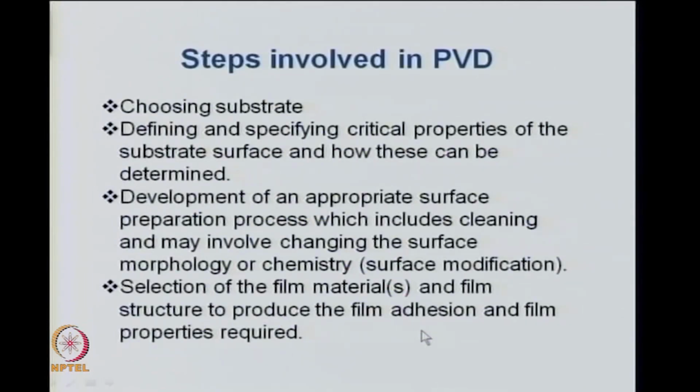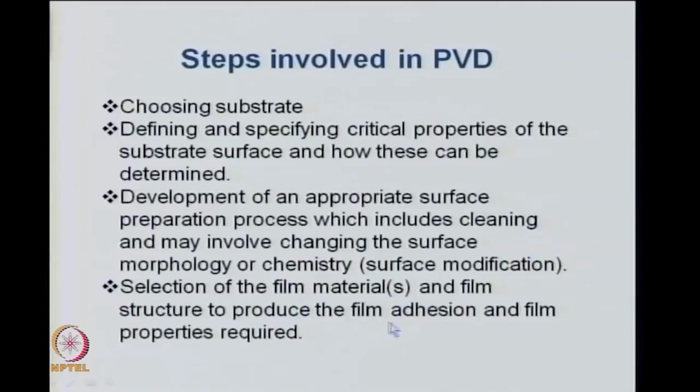You need your film to be strongly bound to the substrate. So, to have that kind of adhesion, you need to select proper film material and the structure of the films which you are trying to grow on the substrate. The film adhesion and film properties that you require need a very careful selection of the film materials with which you are going to start and the film structure.